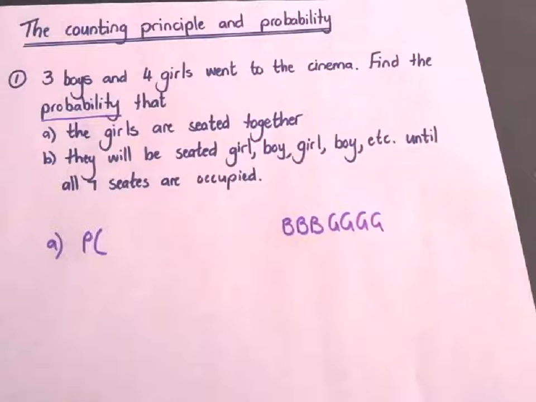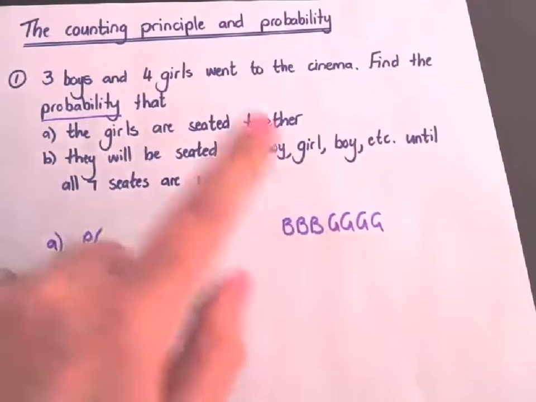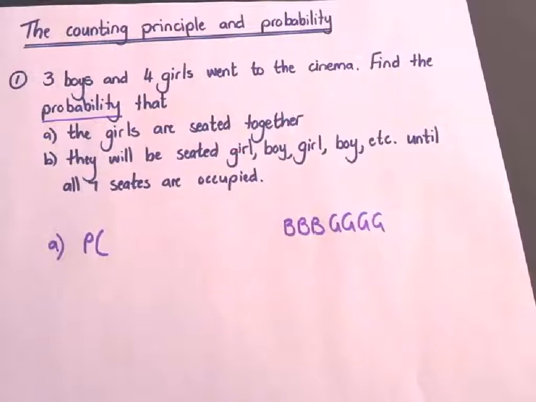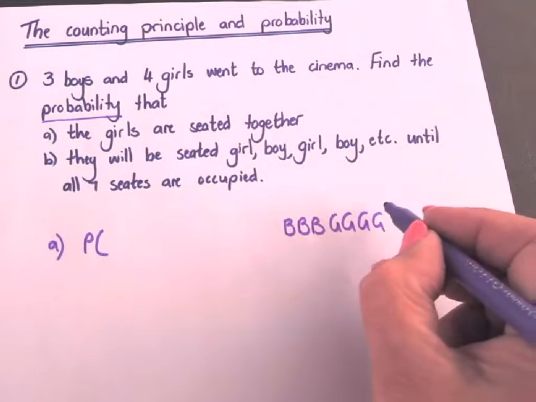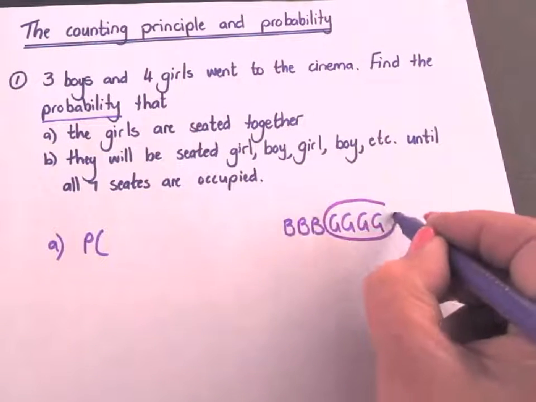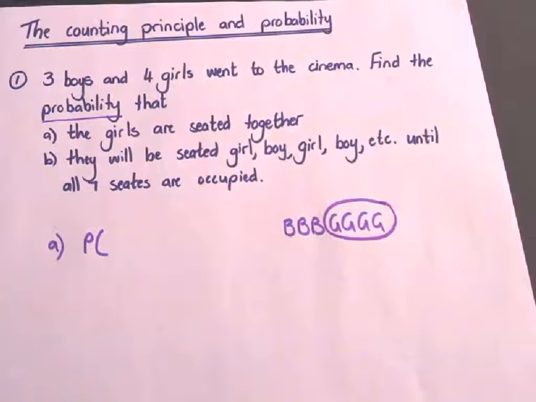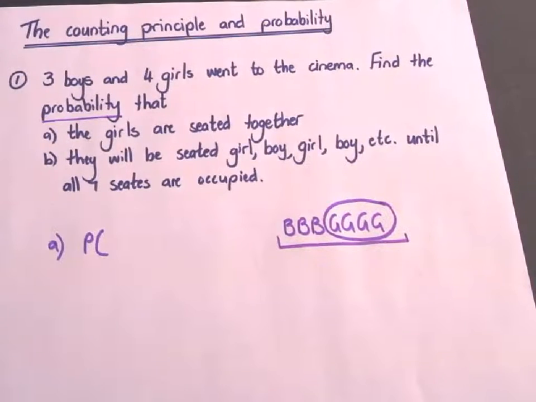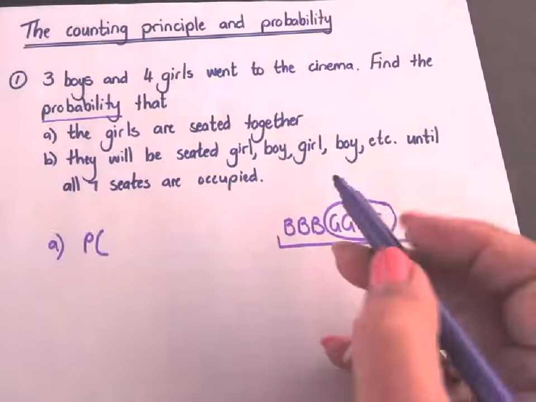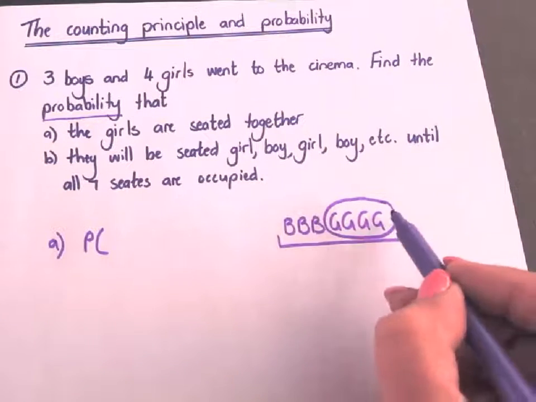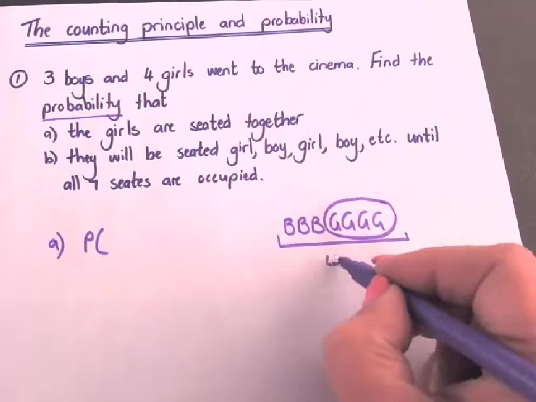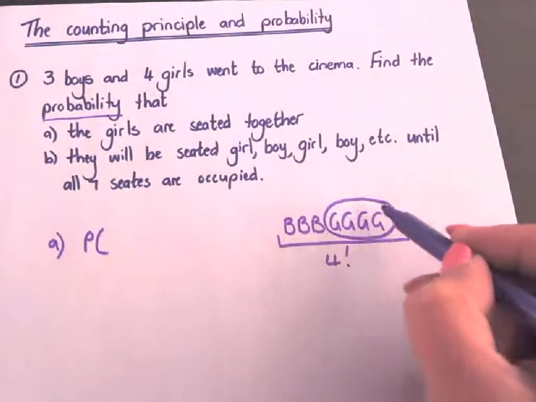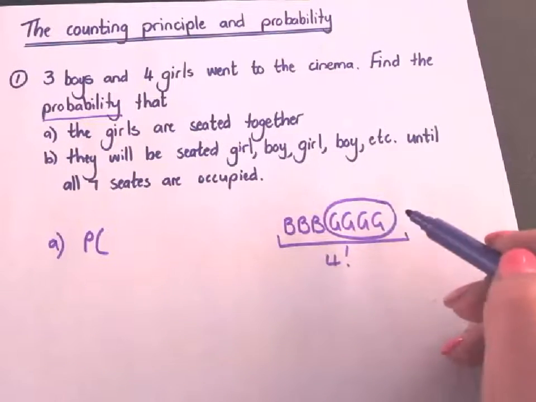Now we said that when they tell you that they are seated together or placed together on a shelf, you treat them as one unit. So how many units are there in total? 4. 1, 2, 3, 4. So it's 4 factorial. And how many girls are in one group? 4.